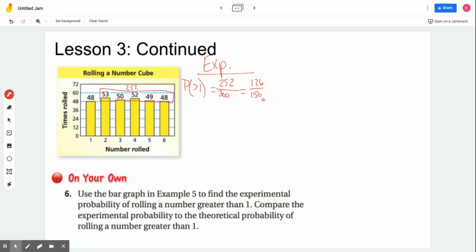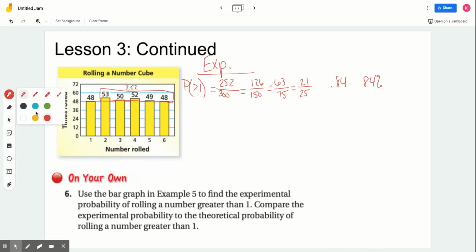And then both divisible by 2 again. And then these are both divisible by 3. So we have 21 out of 25, or this would be 0.84 or 84%. So it's 84% likely that you would roll a number greater than 1 in this experiment.